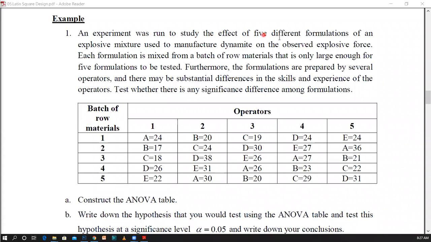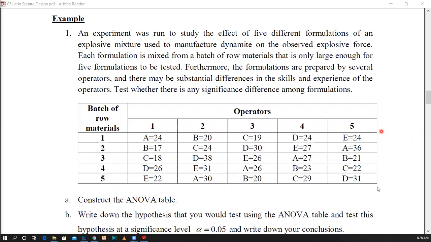It means we need to test whether there is any treatment effect from the formulation. When preparing the formulation, we have to pay attention to two nuisance factors: the operator, and the batch of raw materials. Using a proper experiment, we have obtained these values, and the data layout for the Latin square design is this.